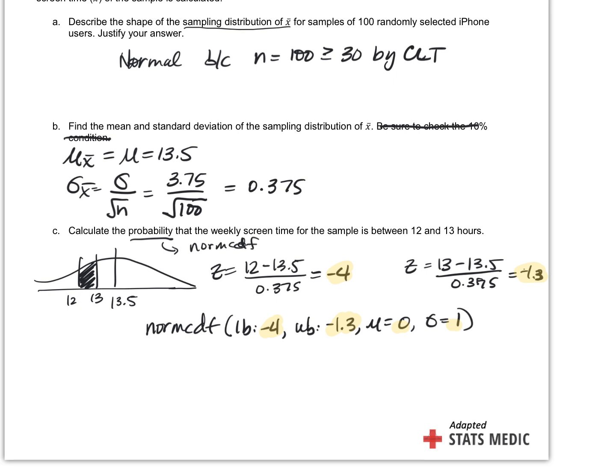You could also enter it as norm CDF, lower boundary of 12, upper boundary of 13, with the mean of 13 and a half and the standard deviation of 0.375. Both of these will give you the same answer. You see the difference here? So why would you do all that z-score work? That's what you're thinking.